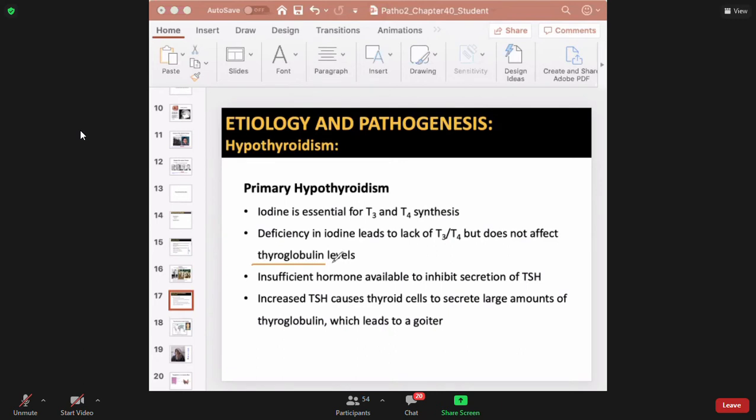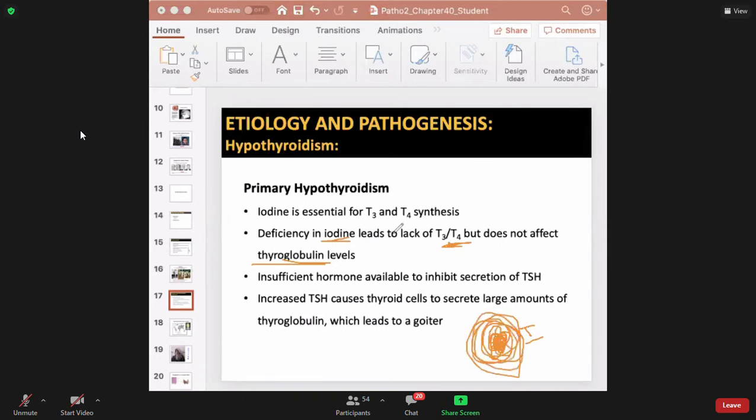And the thyroid will still make thyroglobulin even if it lacks the iodine to be iodinized to make T3 and T4. So in a primary hypothyroidism, you don't get the iodine you need to make the thyroid hormone, but the thyroid keeps making thyroglobulin anyway. So it makes all this thyroglobulin in the follicles and it causes the thyroid to increase in size.